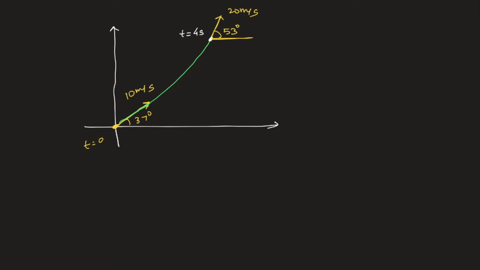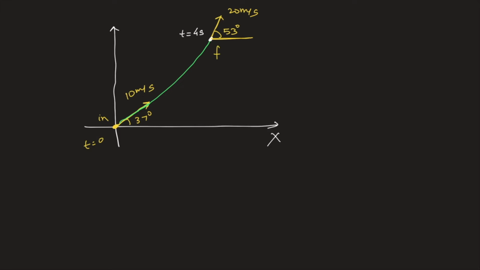So the final velocity, this is final and this is initial. You can see the direction has changed because initial velocity was making 37 degrees with the x-axis, and the final velocity is making an angle of 53 degrees with the x-axis. So this is also x-axis because these two lines are parallel.